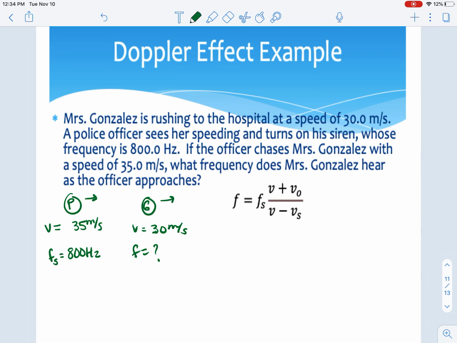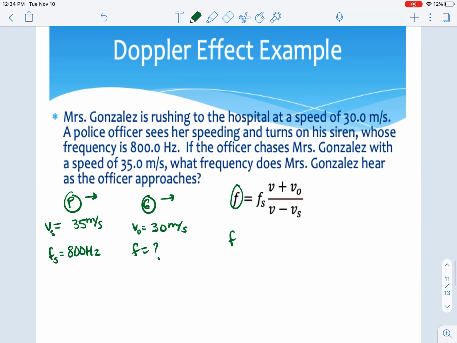What frequency does Miss Gonzalez hear? So they are asking me to solve for the perceived frequency. The sound is coming from the police officer, so his speed is the velocity of the source, and Miss Gonzalez is hearing the sound, so she is the observer.